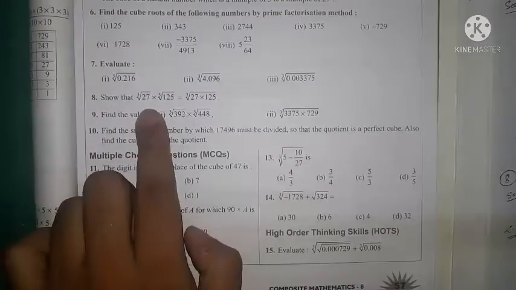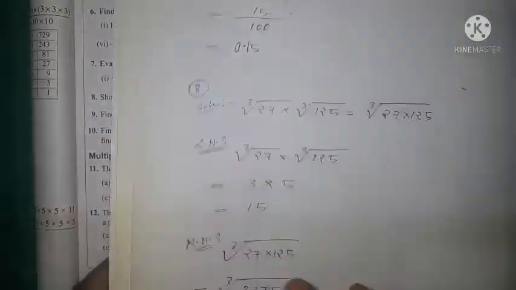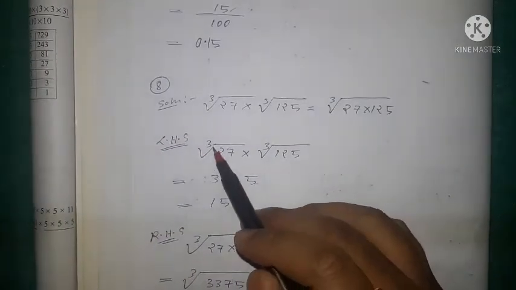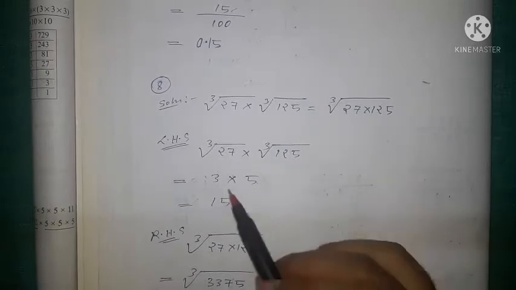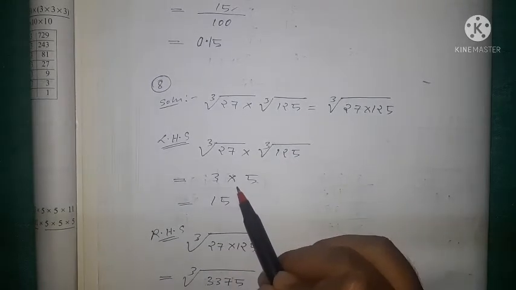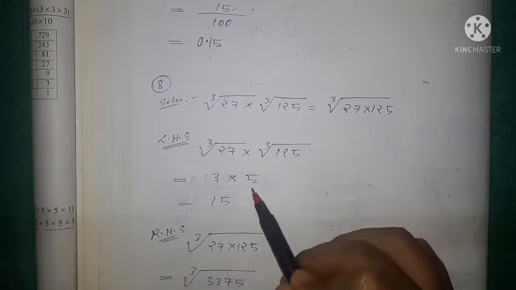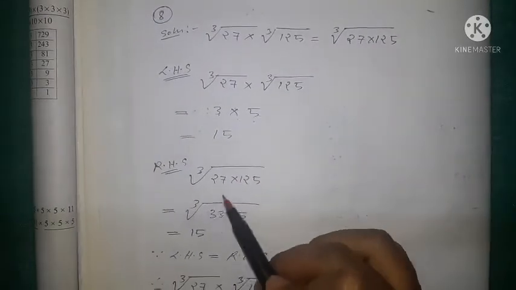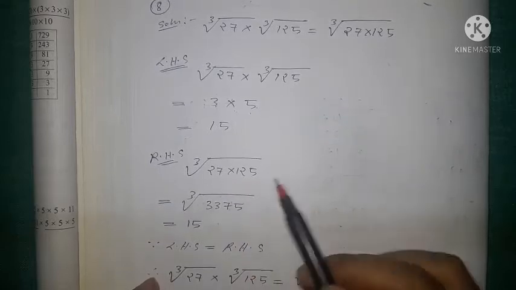So then question number 8. Question number 8, it is given that we need to show this one. So let us take the LHS part, that is the cube root of 27 into cube root of 125. So cube root of 27 is 3 into cube root of 125 is 5. So that is 3 into 5 is equals to 15. Again the RHS part. It is the cube root of 27 into 125.